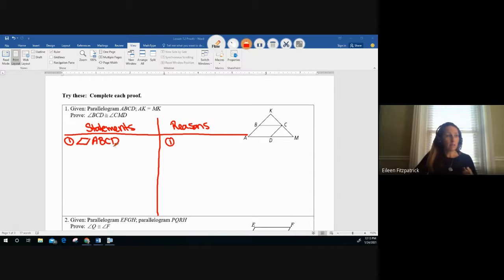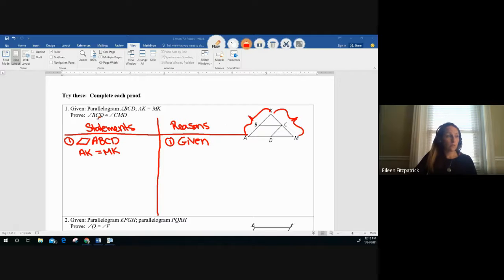All right. Let's also write down the other piece of given and we'll mark it. We're told that AK is equal to MK. So I'm going to mark AK. The way I mark it is I do a little bracket thing. AK is congruent to MK. So this whole side is congruent to that whole side. Now let's look at what we're trying to prove.